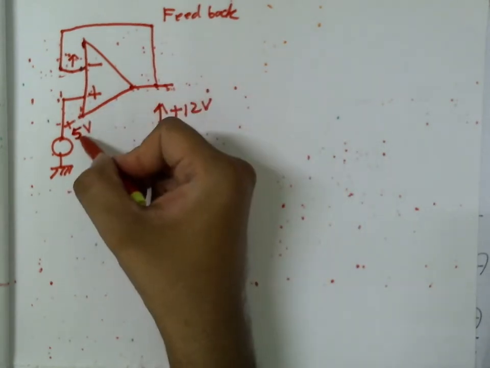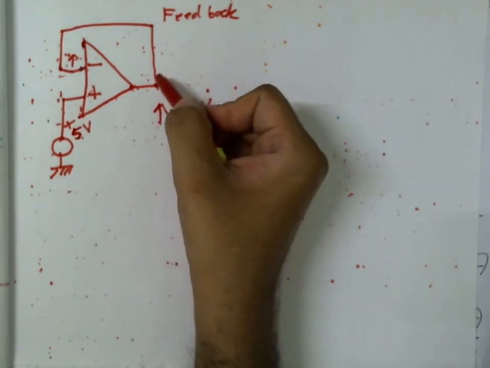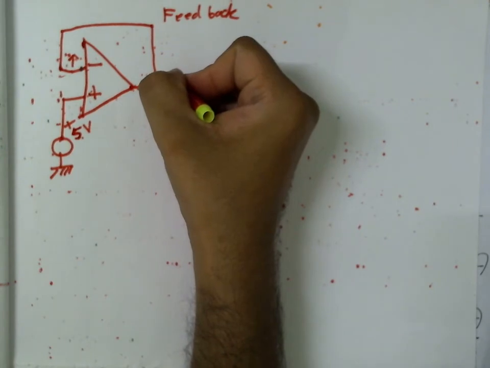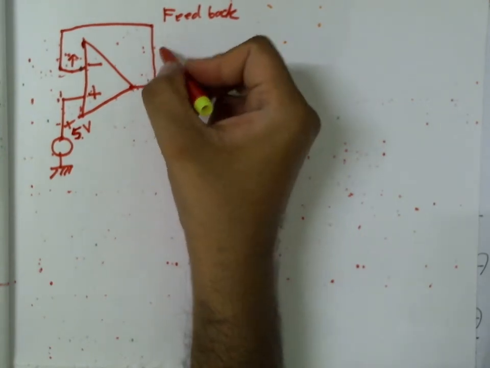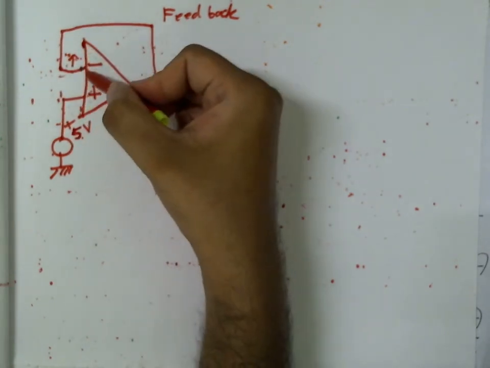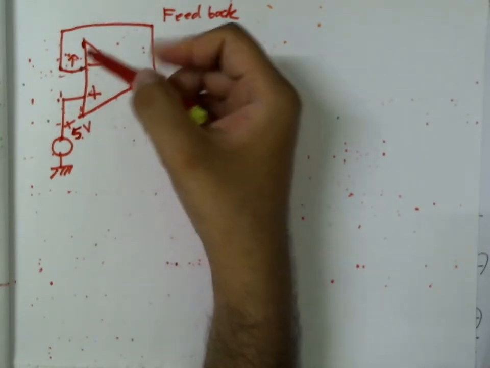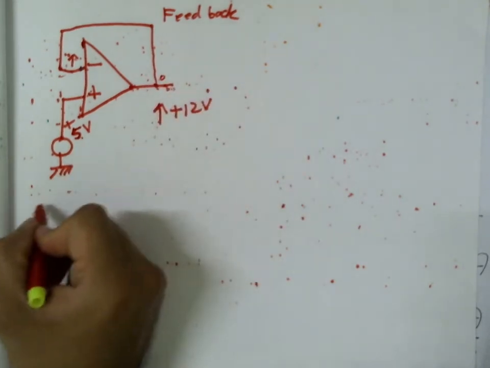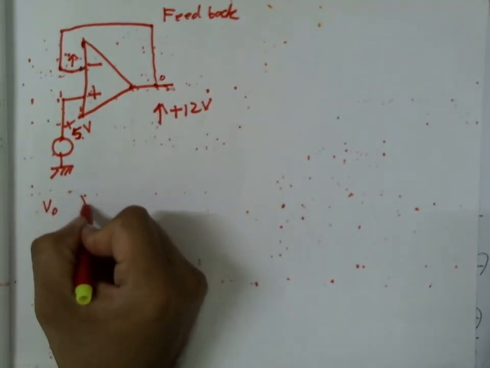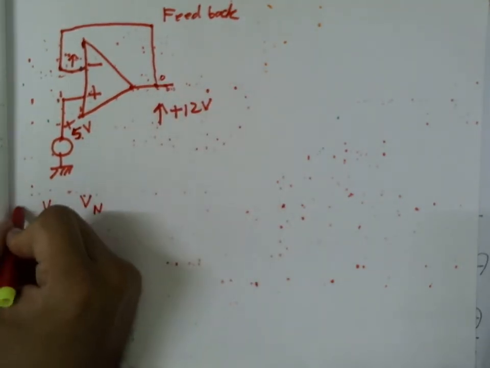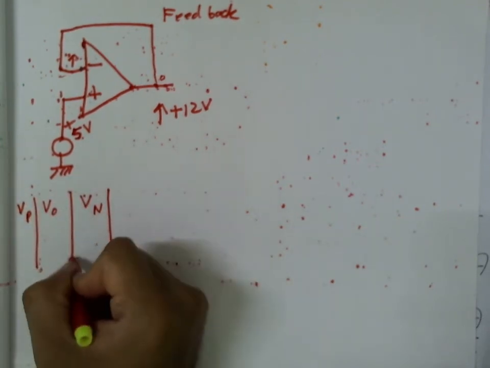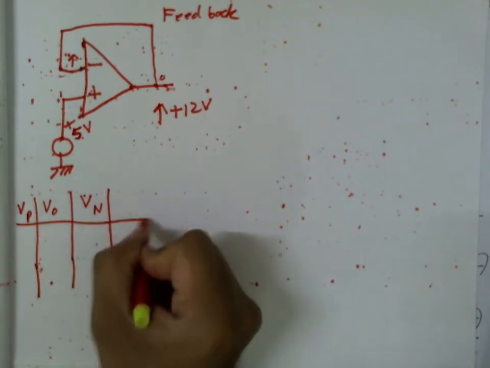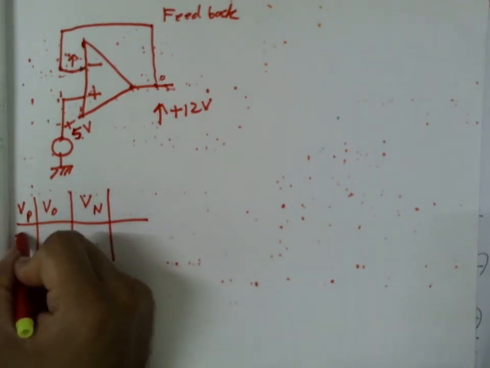So if this is plus 5 volt, this is increasing. So say when VO is 0, VN is also 0. So the difference is plus 5 volt. Let me make a table: VP, VO, VN. So VP is always 5 volt.